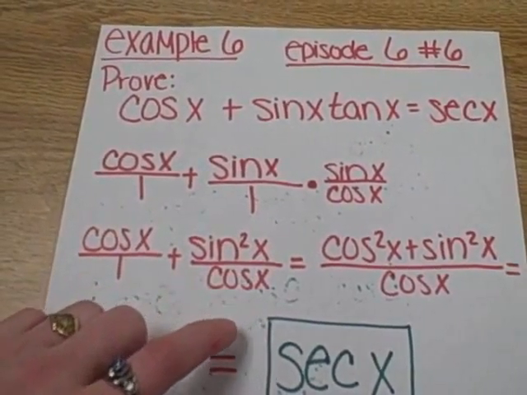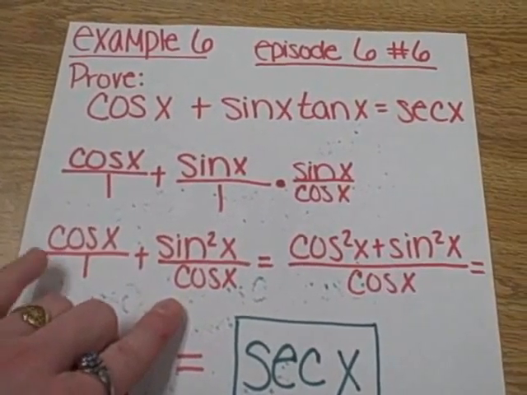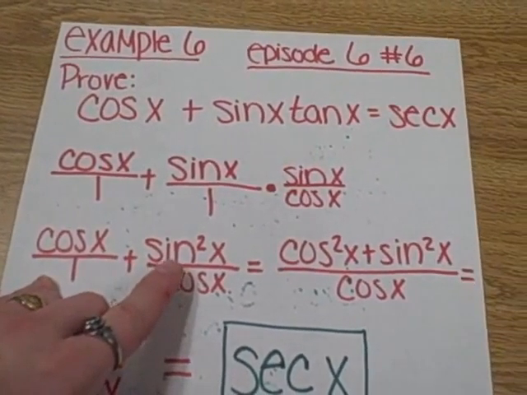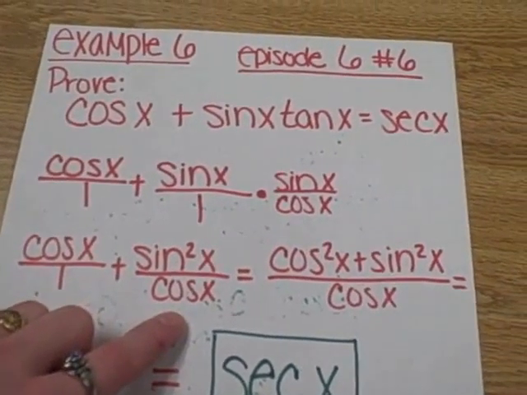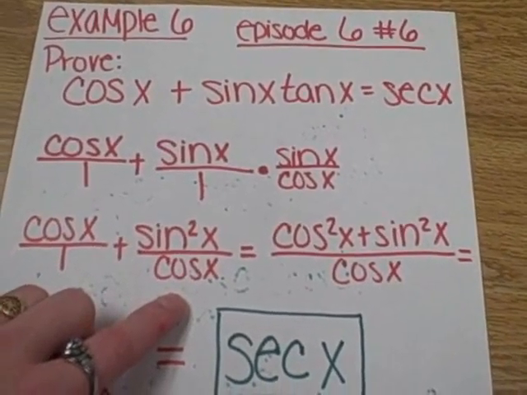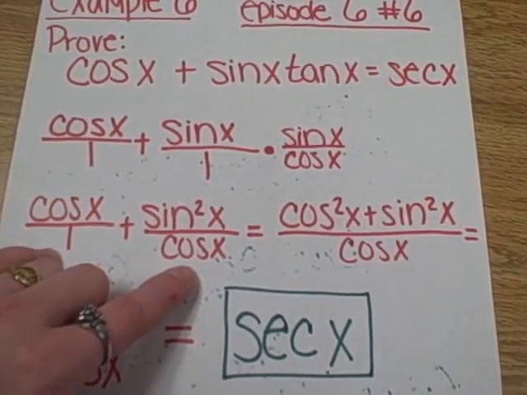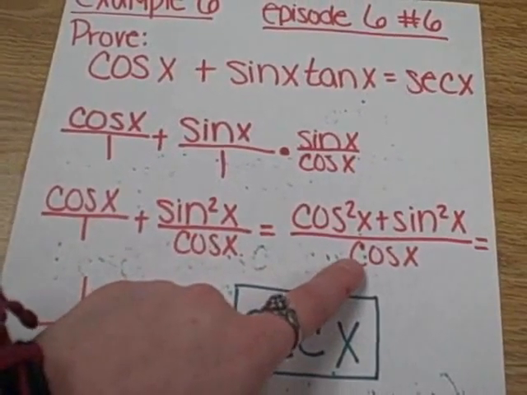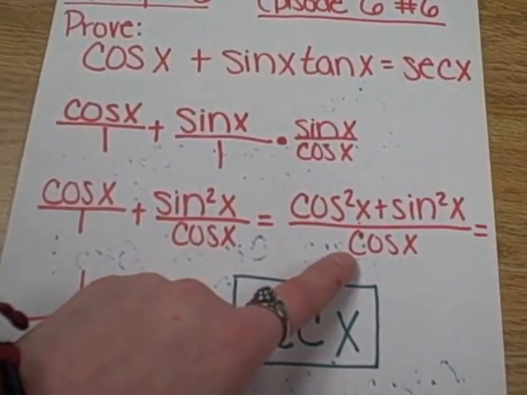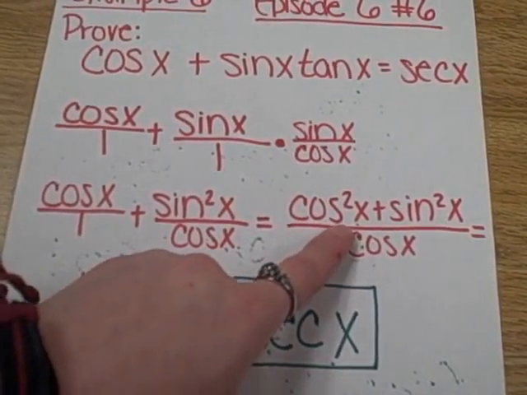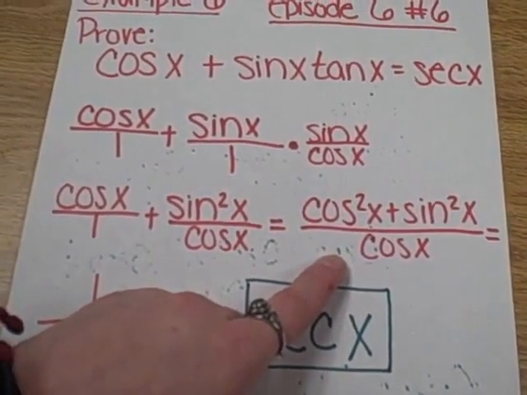Now you multiply, and when you do that, you have cosine x over 1 plus sine squared x over cosine x. Now you need to find a common denominator, and you find that cosine x is your common denominator. You can finish simplifying until you have cosine squared x plus sine squared x all over cosine x.